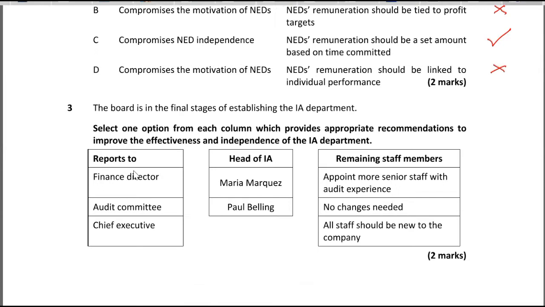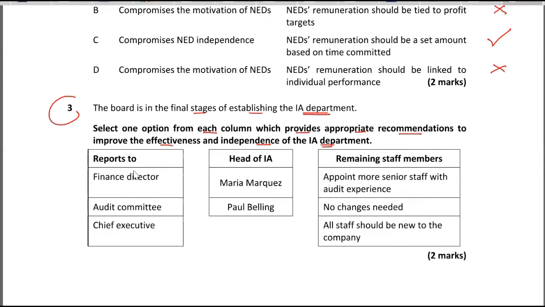Now you're having question number 3. The board is in the final stages of establishing the internal audit department. Select one option from each column which provides appropriate recommendations to improve the effectiveness and independence of the internal audit department. So they're establishing the internal audit department.